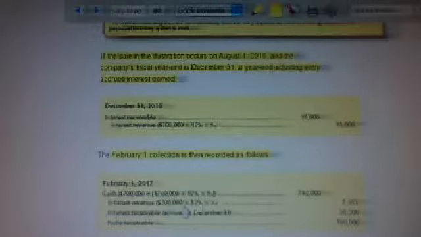You'll see that $700,000 face amount times 12% times 1 over 12 to represent the month of January of 2017. The other $35,000 we already accrued at December 31st in the interest receivable account, so we'll credit that to zero it out. And we'll credit the note receivable for $700,000 to zero it out.